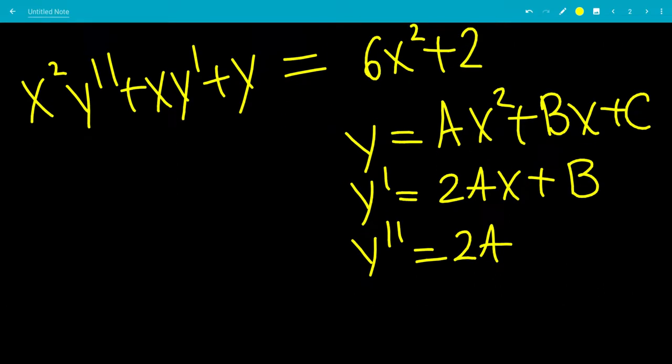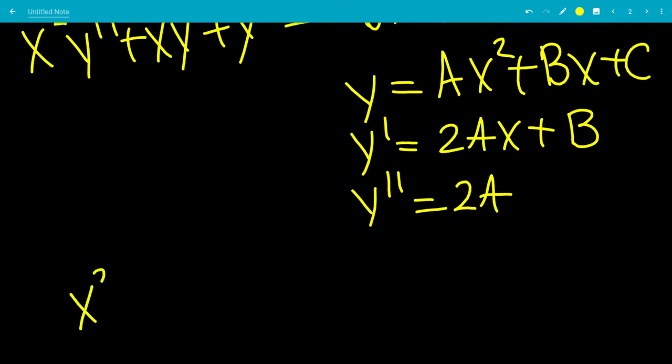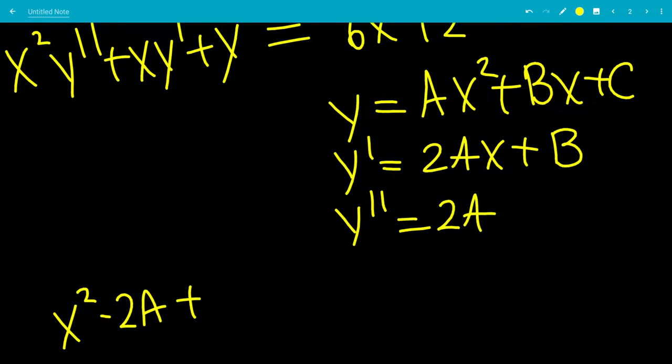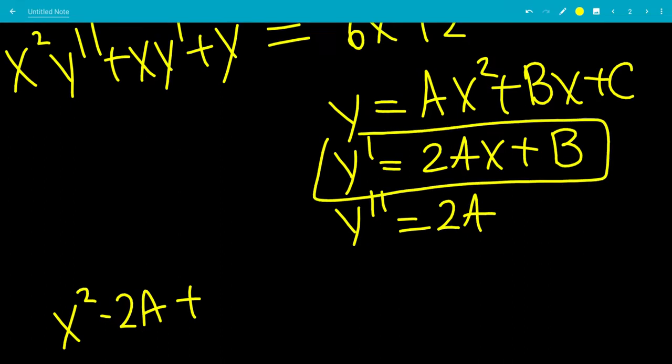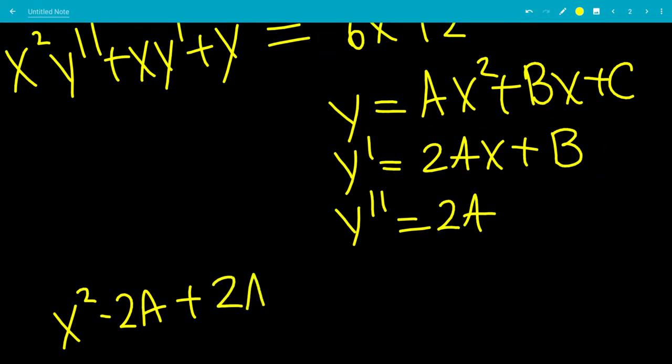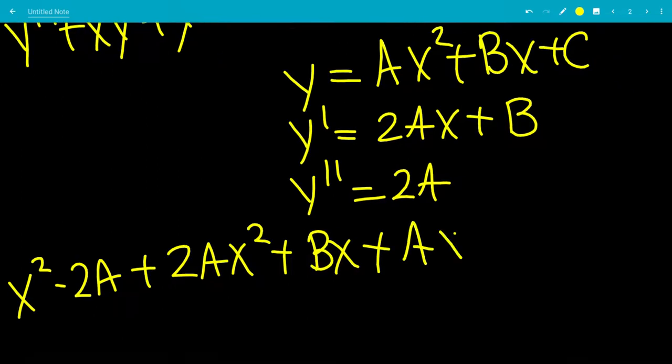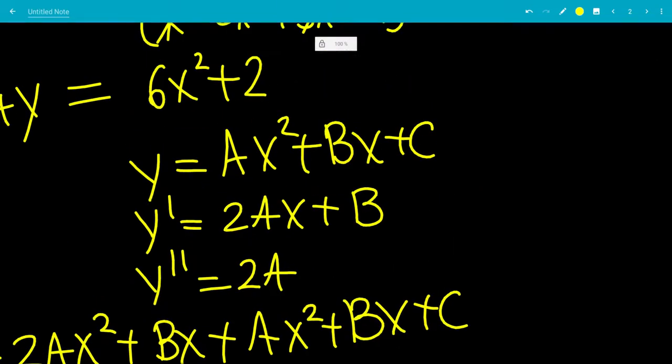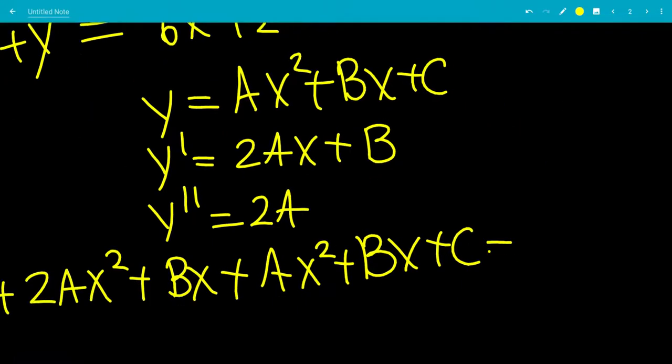Now plugging everything in, you're going to be left with x squared times 2a plus x times y prime. Let's multiply this by x, so that would be 2ax times x, which is x squared, plus bx. That'll be left with y, which is ax squared plus bx plus c, and that'll be equal to 6x squared plus 2 on the right-hand side.